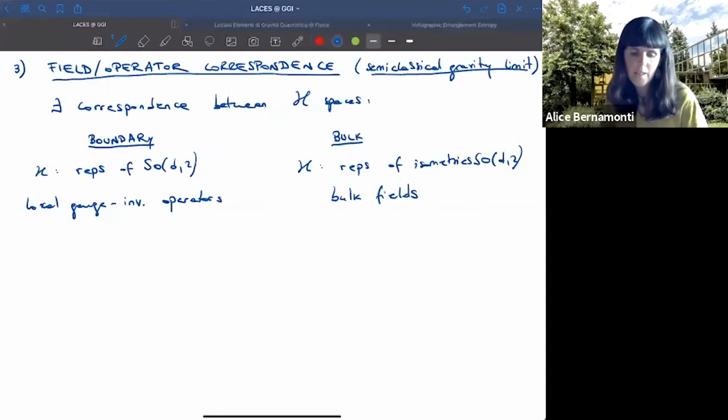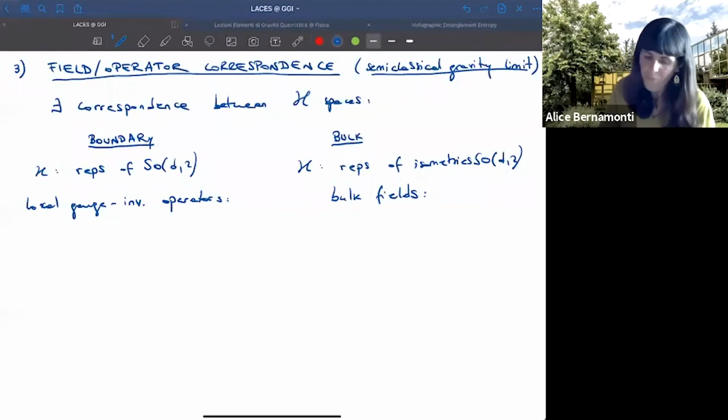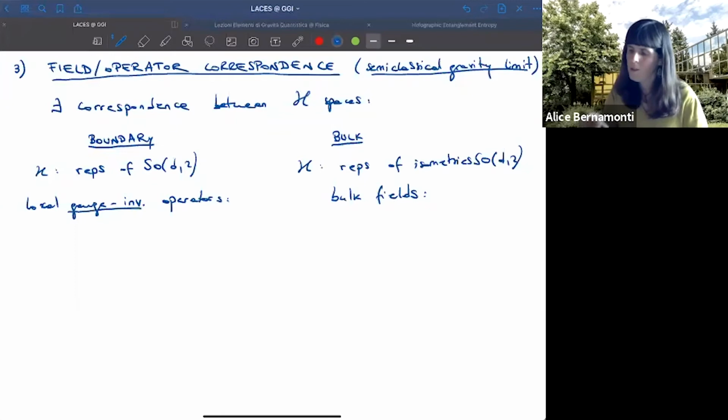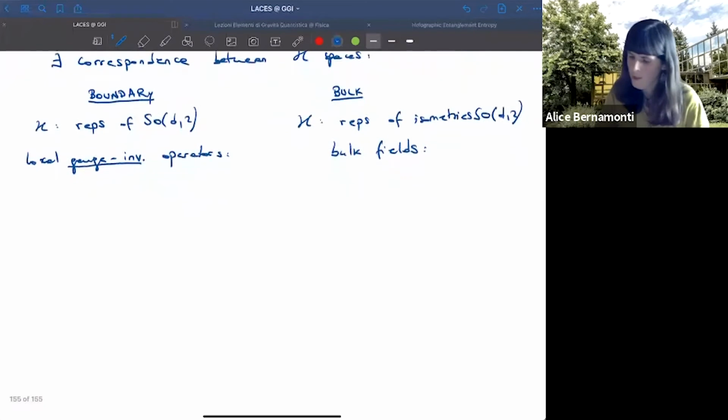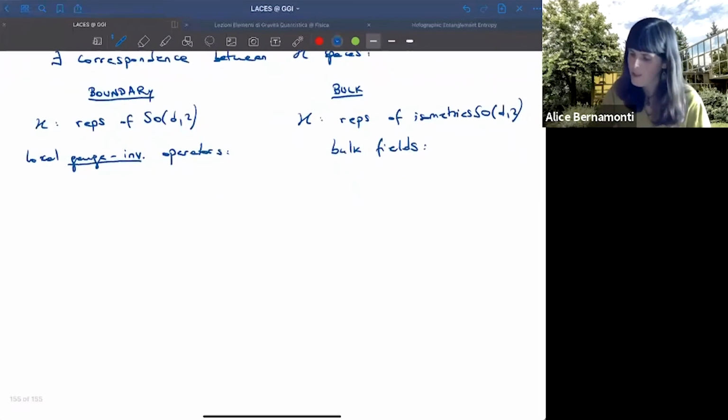Let me write schematically the relation that we expect between operators in the boundary conformal theory and fields in the bulk, and then we will see better why this is the case and motivate it. Here I'm always talking about gauge invariant operators because the SU(N) gauge symmetry is not visible from the bulk point of view. I say it once and for all, I won't repeat it every time.